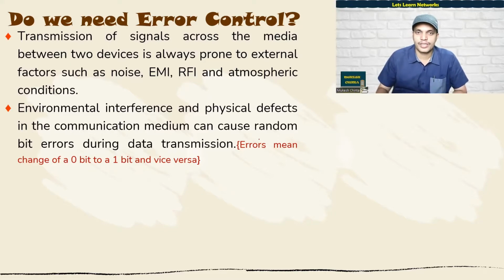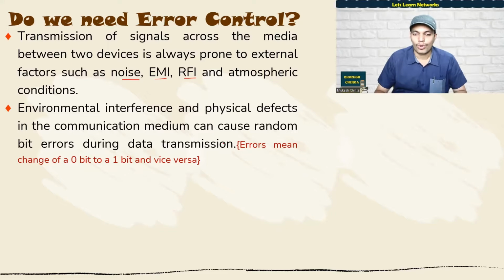Transmission of signals between two devices is always prone to external factors such as noise, EMI (electromagnetic interference), RFI (radio frequency interference), and atmospheric conditions.